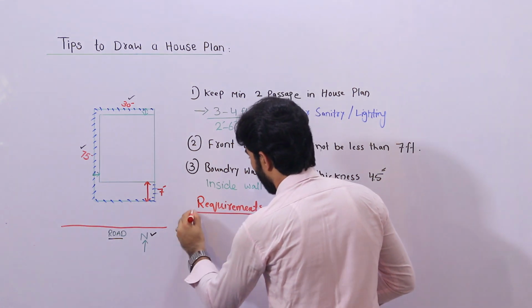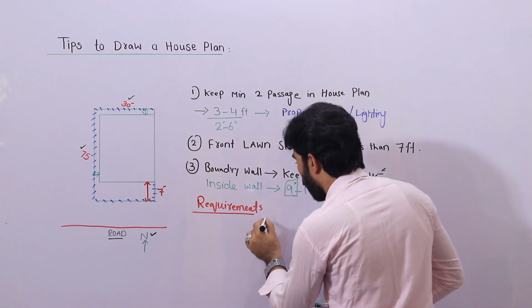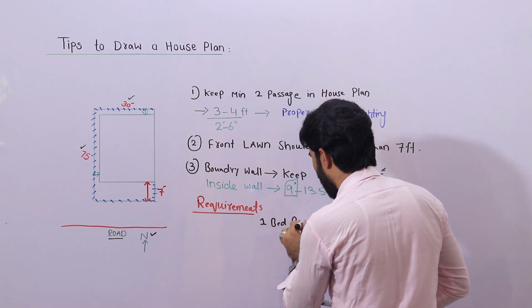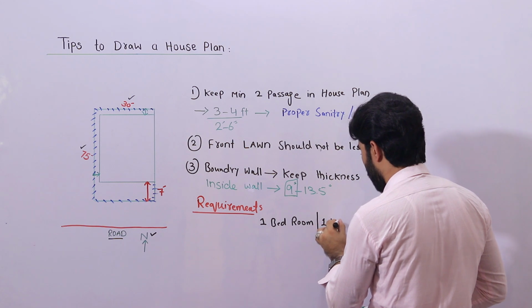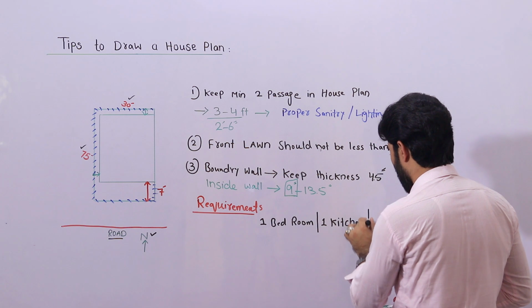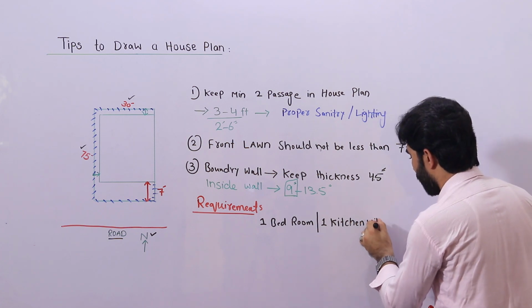Okay? Suppose we have the requirements: 1 bedroom, 1 kitchen with laundry.